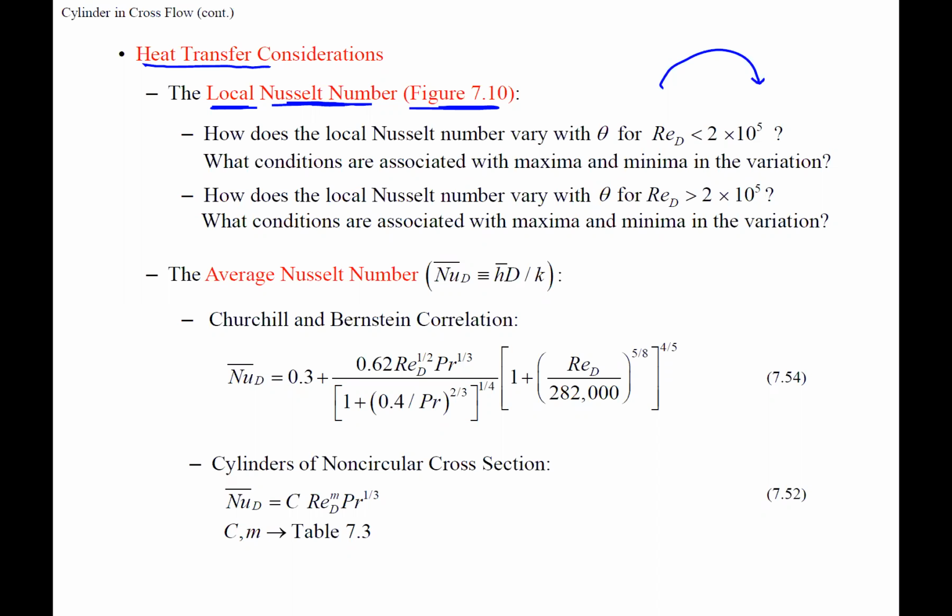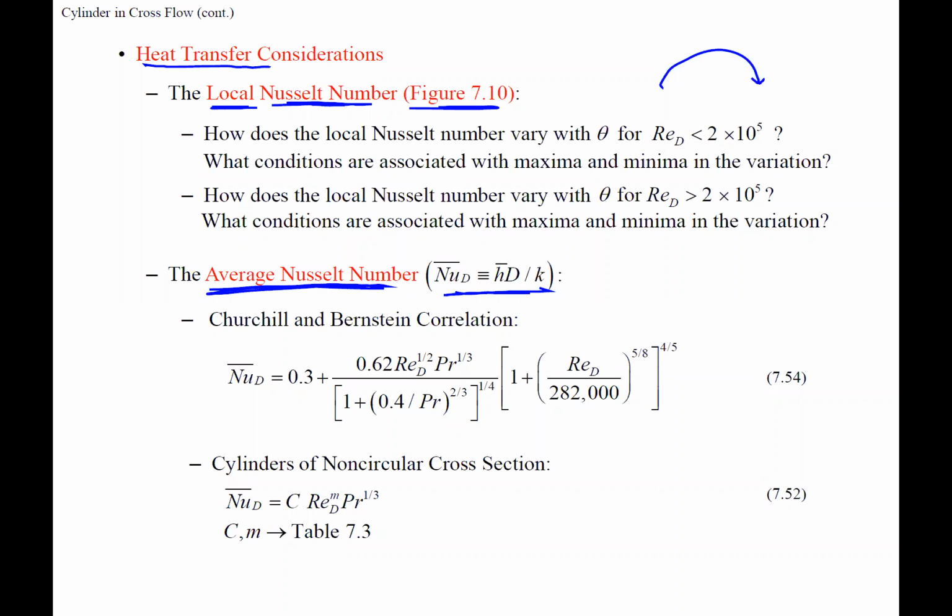Okay, and it shows it for different Reynolds numbers. So if you're at very low flow versus low velocities, laminar versus higher and higher flow versus that turbulent flow. Okay, and the average Nusselt number. Okay, so that's basically you're integrating the local one or getting a correlation off of those values, and Nusselt number is this.